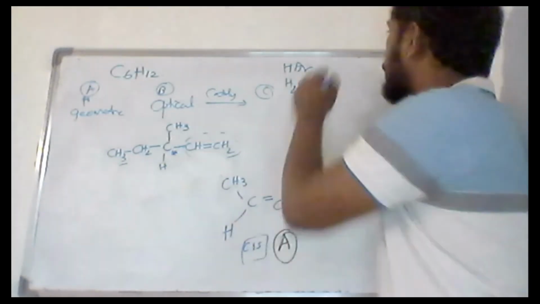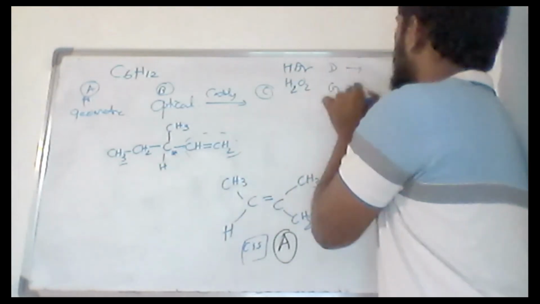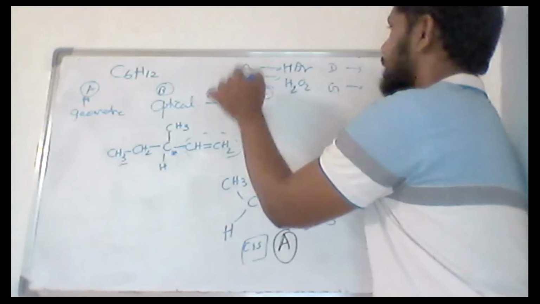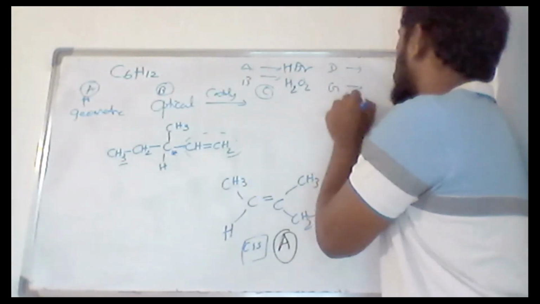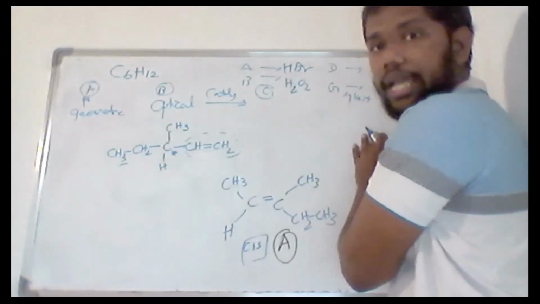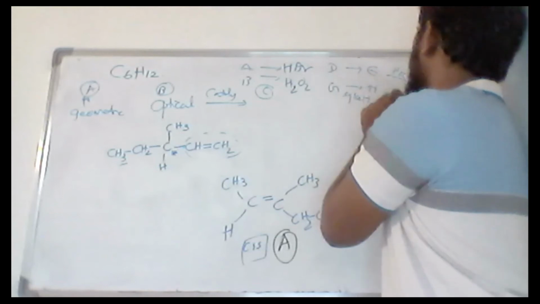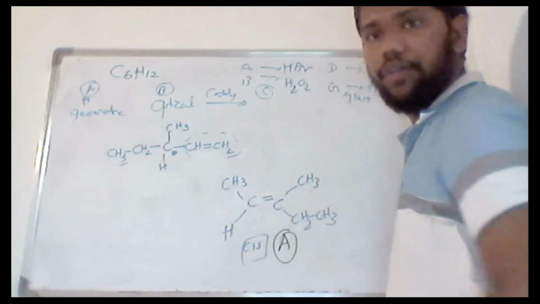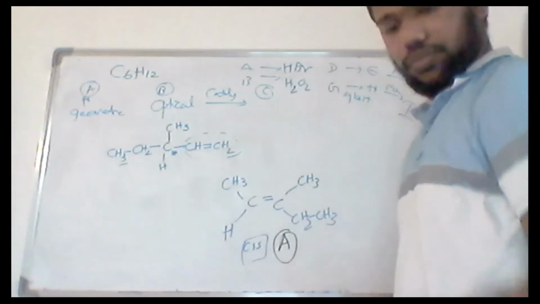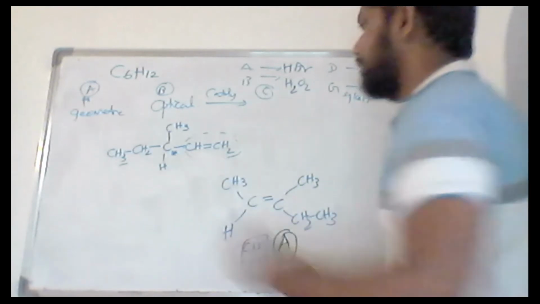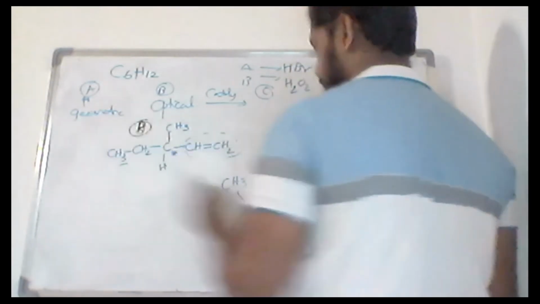And they obtain D and G. Then they are reacting these with aqueous KOH, which is going to give E and H. Then you add PCC, which will give F and I. So we will start. This is our compound B basically, and this is compound A.